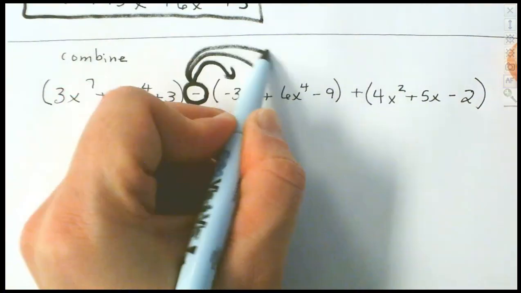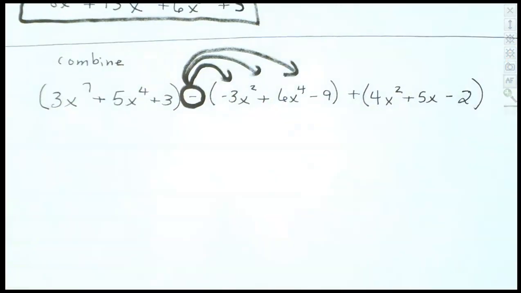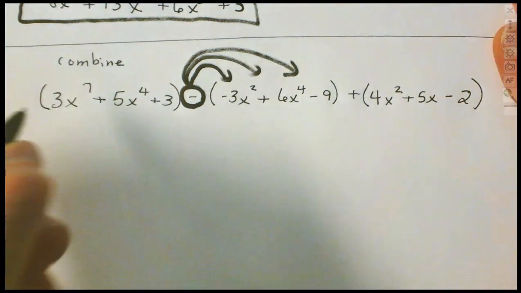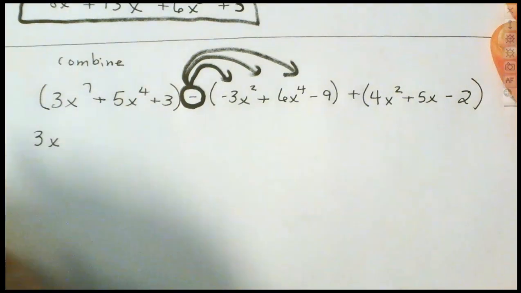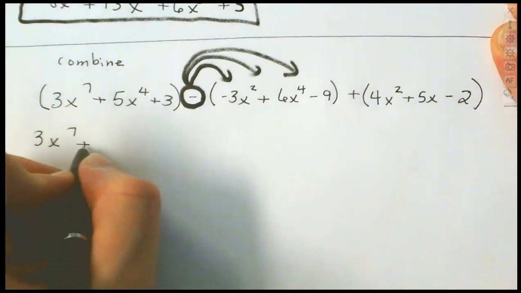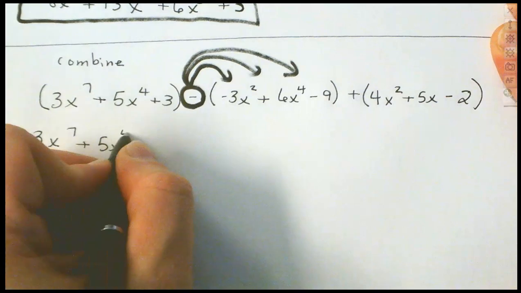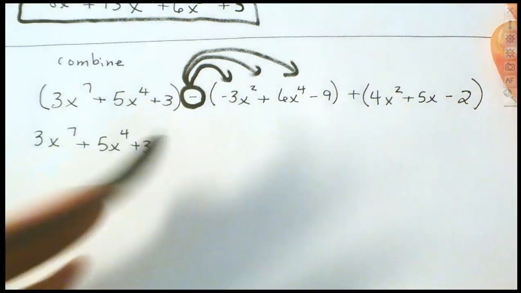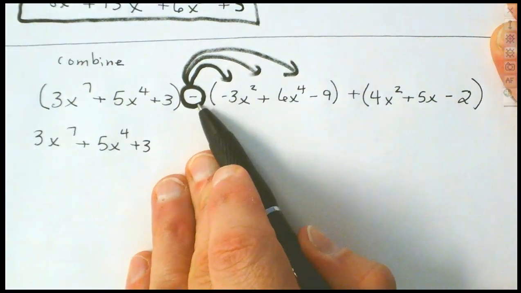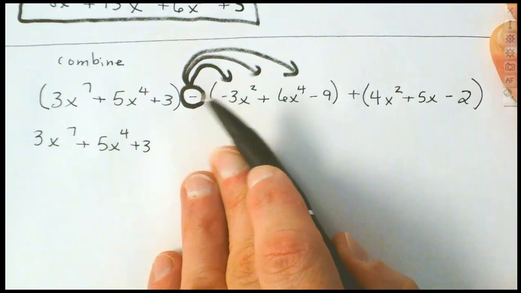What I like to do on a problem like this, when I have all these extra parentheses, is rewrite it without them. That way I can see what I've got and how I can combine them together. So we've got 3x to the 7th plus 5x to the 4th plus 3. Now this negative is going to be distributed through, so that's going to switch our signs.